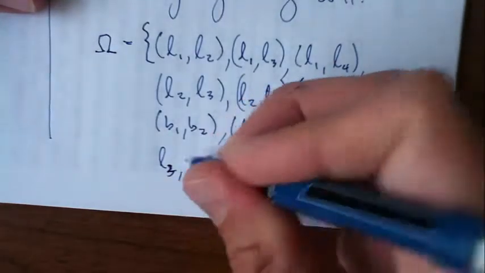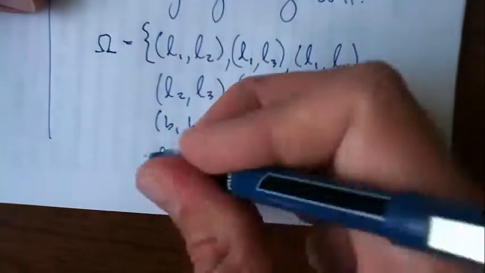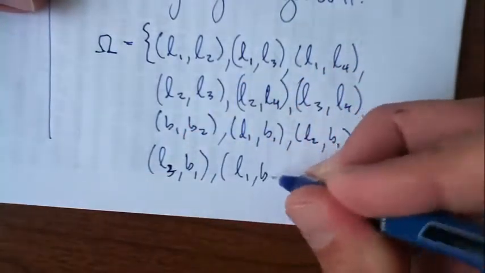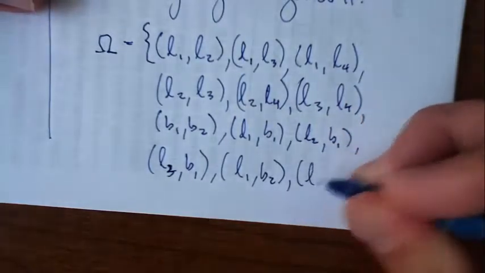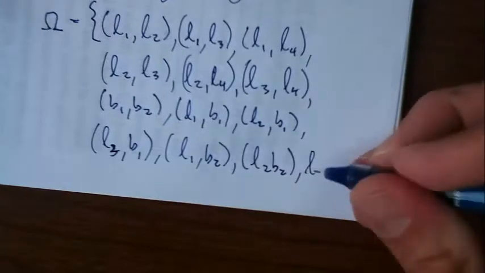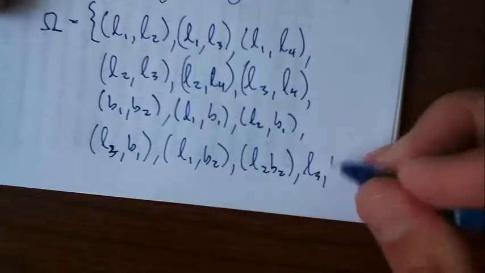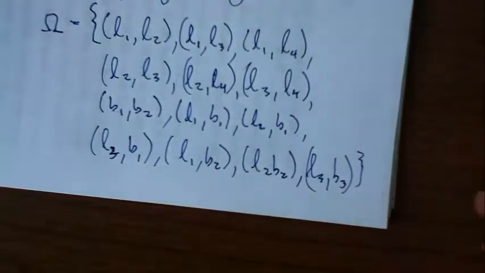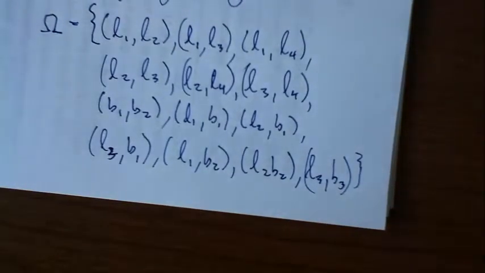L3, B1, or a lion and a bear, or a lion and a bear. Okay. A lot more than 6, right?